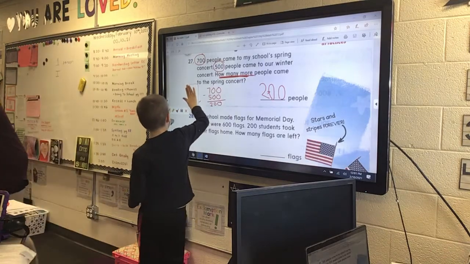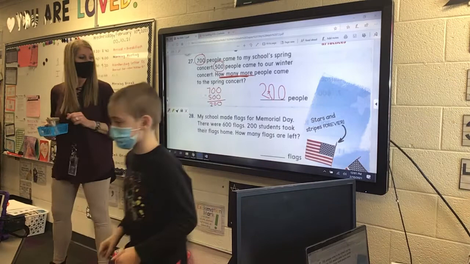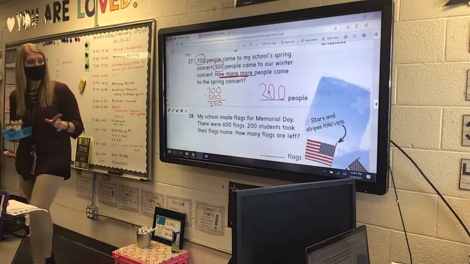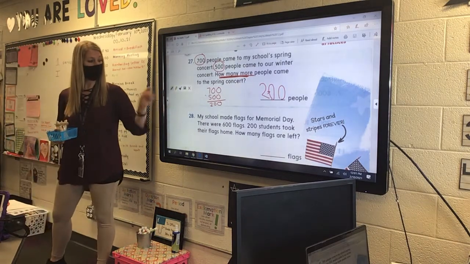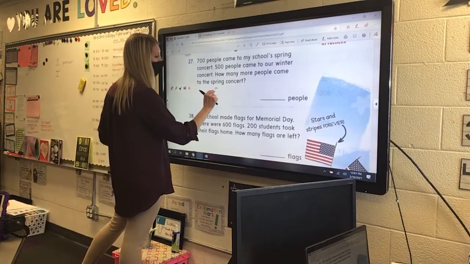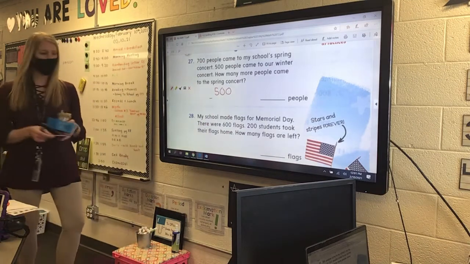Number 28. Make sure you're showing your work. Number 28. My school made flags for Memorial Day. There were 600 flags. 200 students took their flags home. How many flags are there? So I'm going to draw a stick, and I'm going to see if this person can come up here.